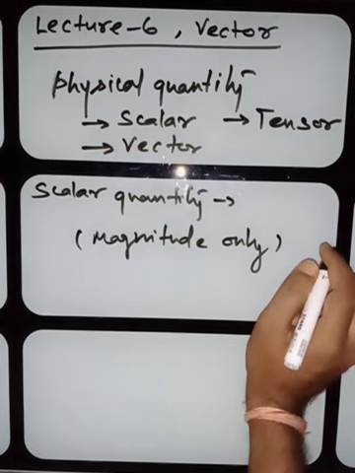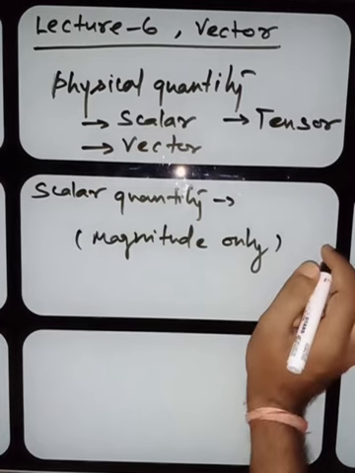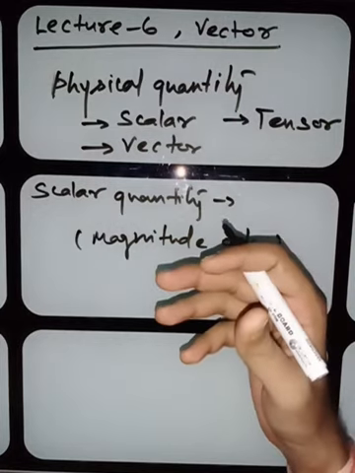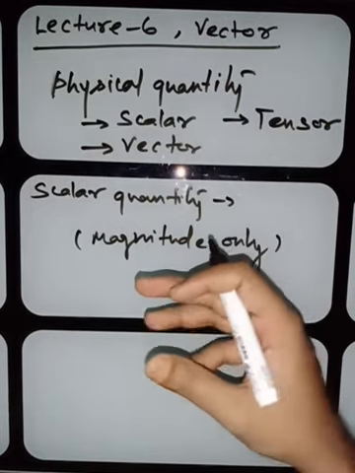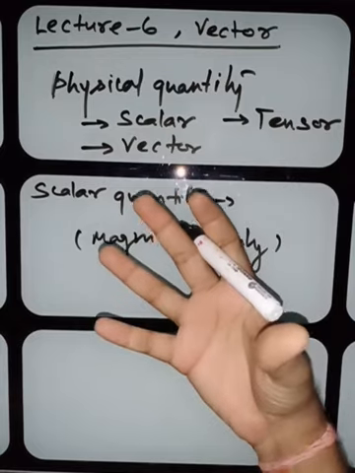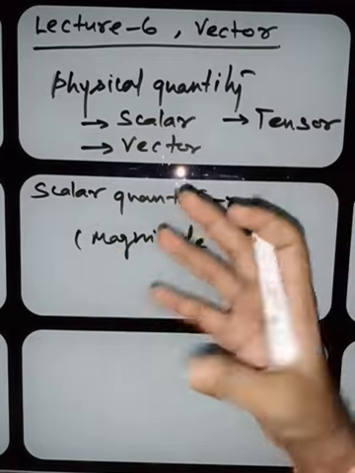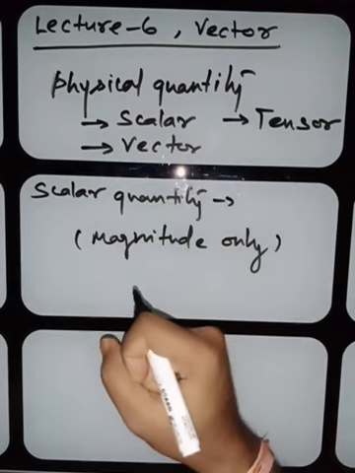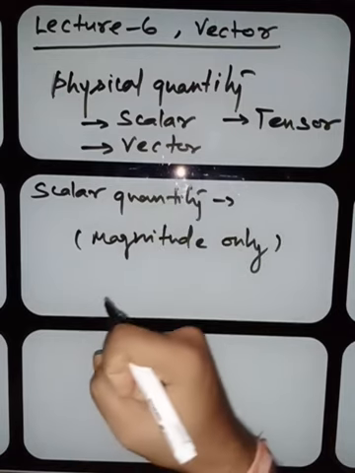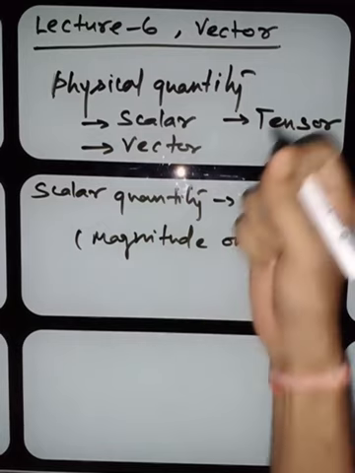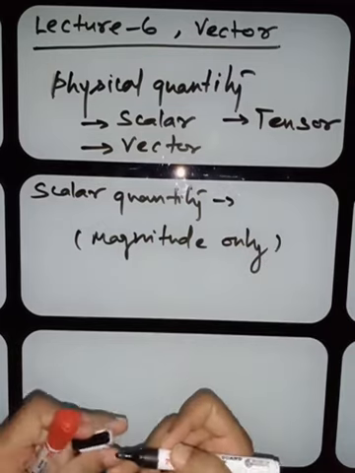It means for their representation we require only the amount but not the specific direction. Remember, if we are telling about the amount, only the amount, it means we are dealing with the scalar quantity.